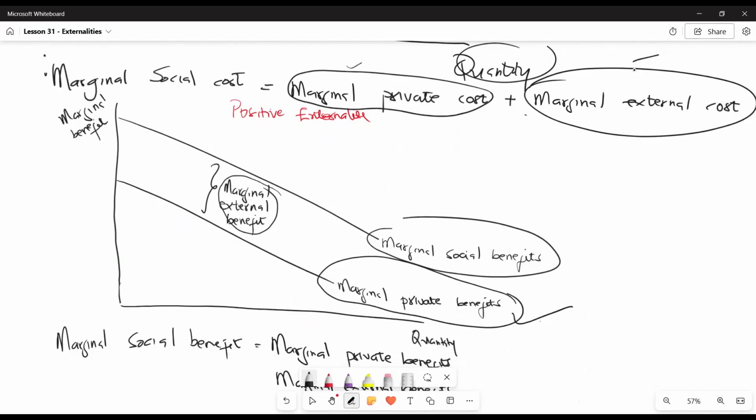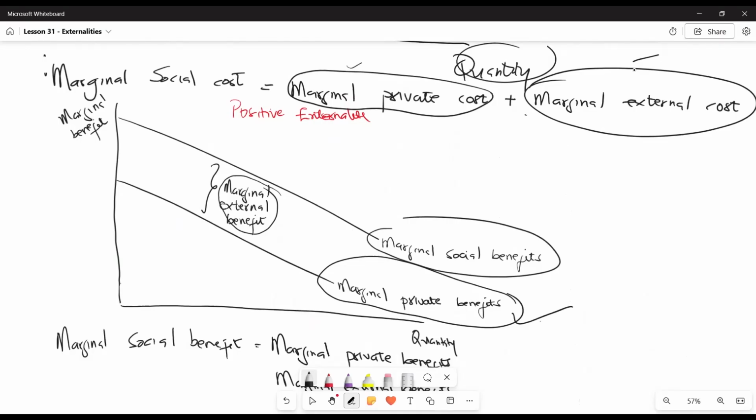So when we're looking at the demand curve for the private person and then the society, you can see that the society's demand curve lies above the private demand curve. This is because society's benefit from the consumption of the good is higher than what the individual is taking into account.